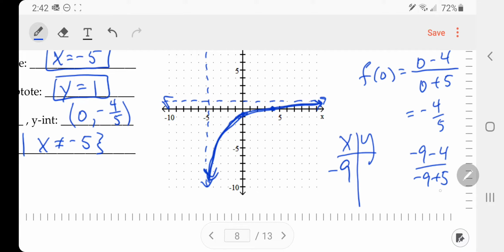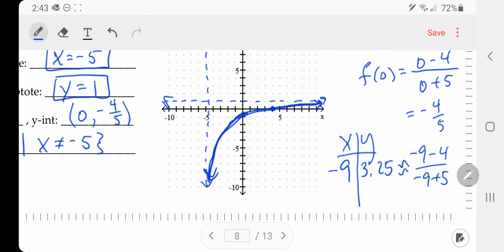That's going to be -13 over -4, and that is 3.25, positive.